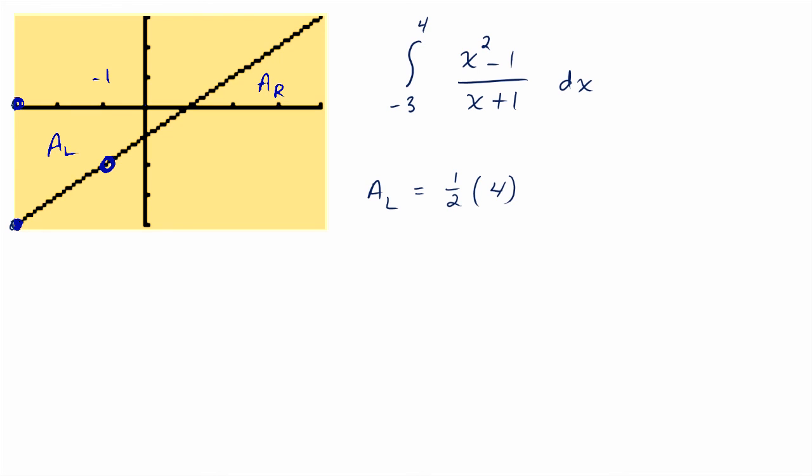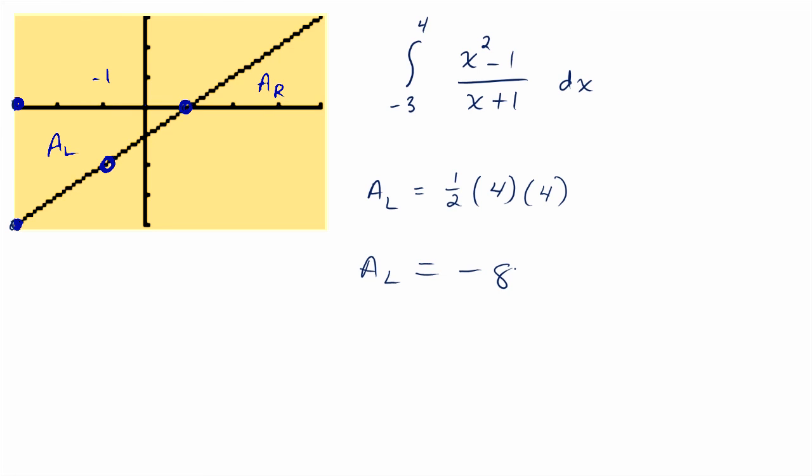And then we look at the distance from x equals negative 3 to x equals positive 1. That could be the height of our triangle, and that is also 4 units. Now this area, A sub L, is completely below the x-axis, so we would get a negative answer. So 1/2 times 4 times 4 gives us negative 8.